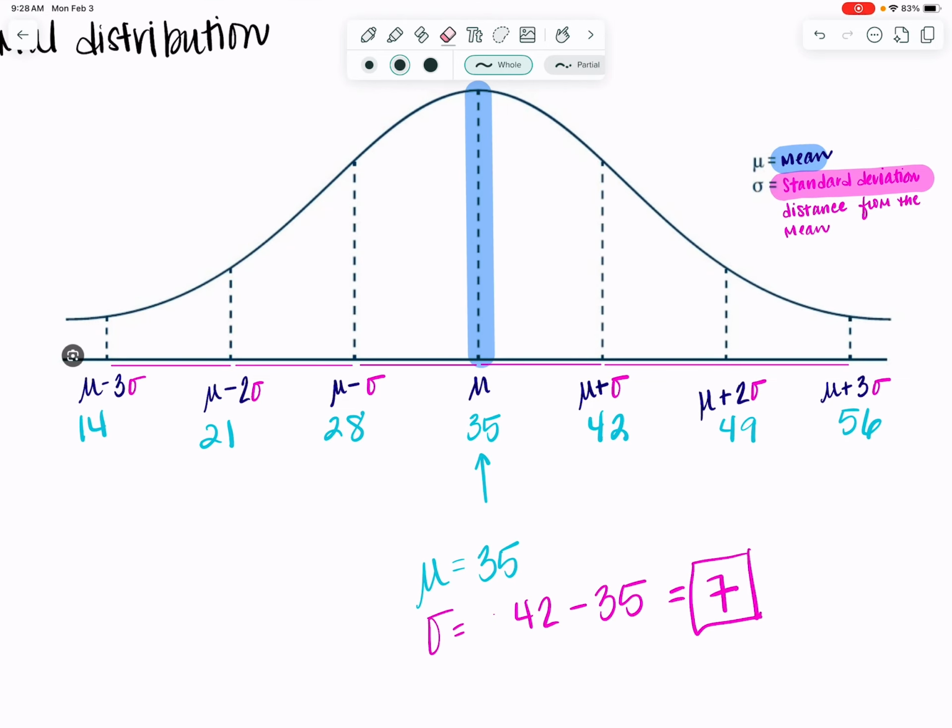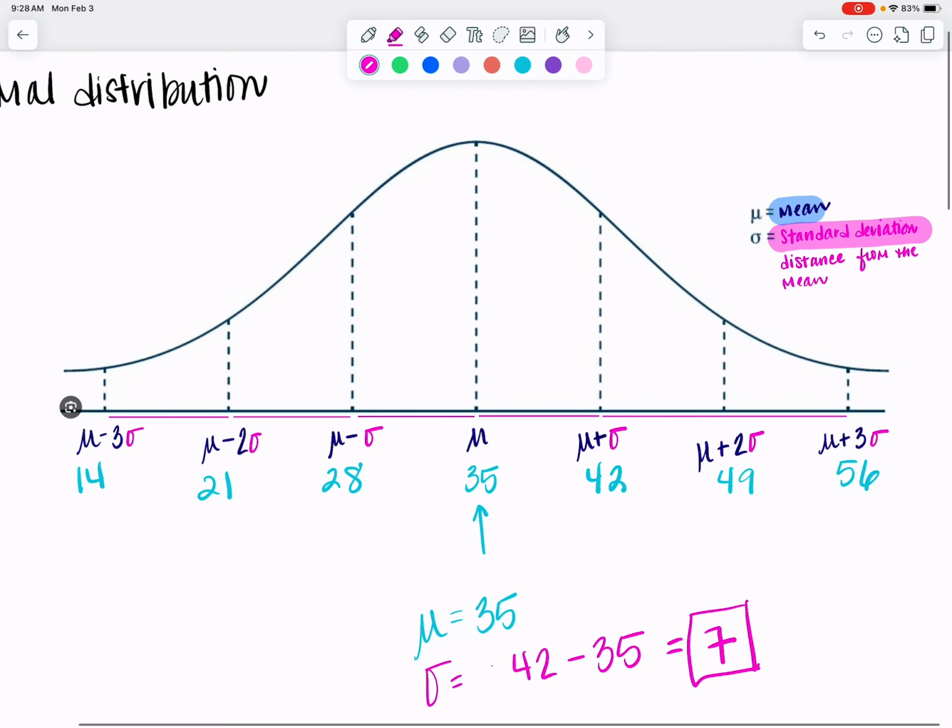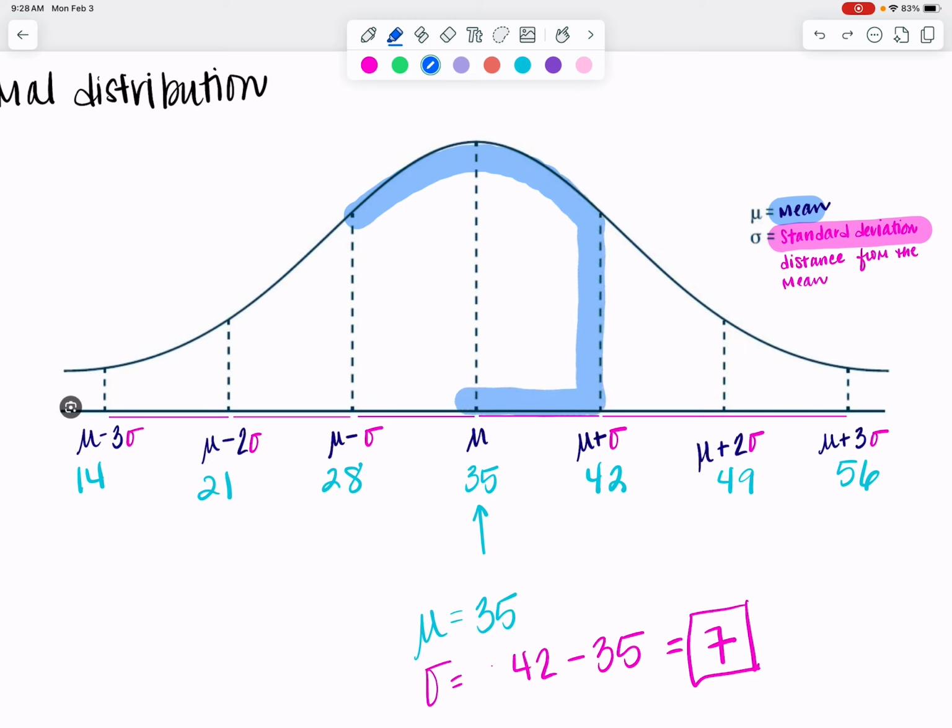I'm going to change my highlighter color. Now here is what the empirical rule says. It says that when you have, that's going to be ugly. This is probably all going to be ugly. It'll be fine.